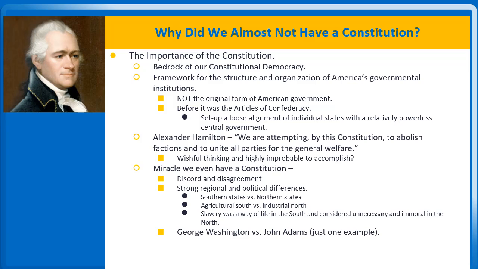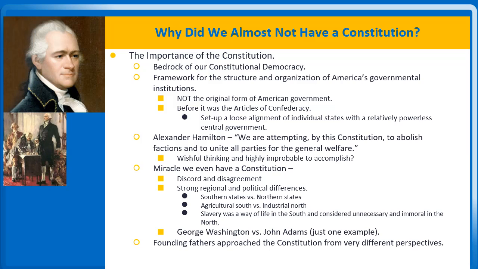And for this reason, Southern states were bound and determined not to lose their sovereignty or their cultural and economic base. But in the North, the Southern way of life was seen as immoral and based on the pain and suffering of African slaves. George Washington, a Virginia slave owner himself, said that it appears to me little short of a miracle that the delegates from so many different states should unite in forming a system of government.